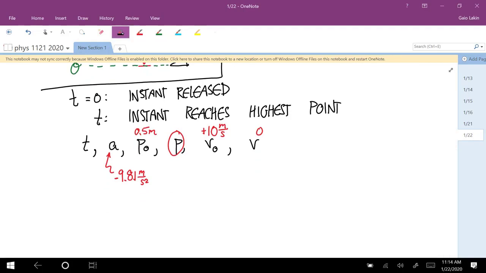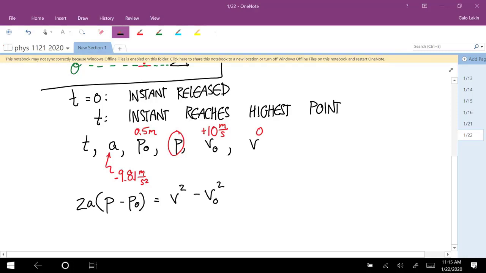And so now we're just looking for an equation that has the p in it so we can solve for it, and everything else in it is known. And the one that's going to work is 2a times the quantity P minus P0 equals V squared minus V0 squared.